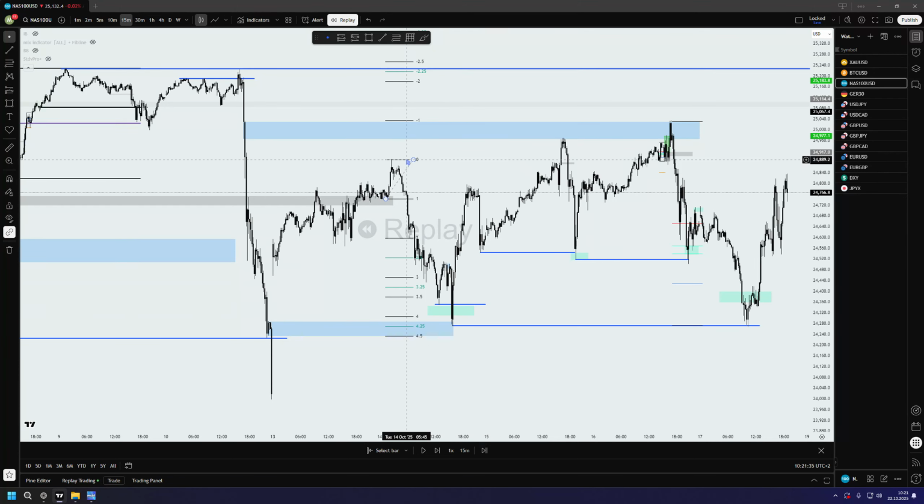When we're trending, the last manipulation before going down, before the corrective move, the price nearly never goes under these zones right here, and it aligns with the FIB.